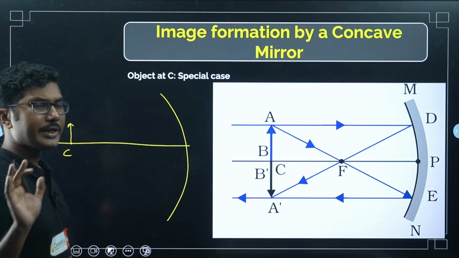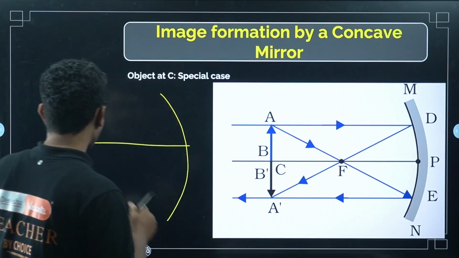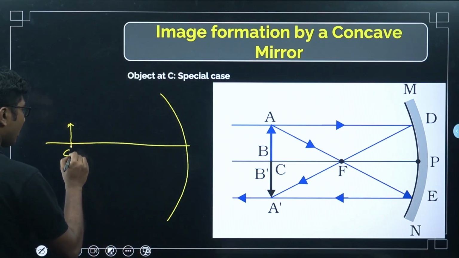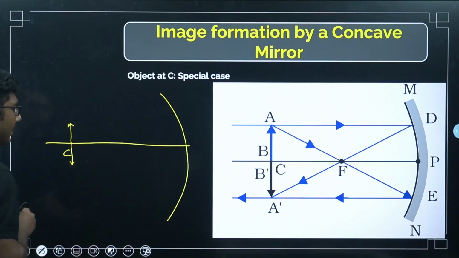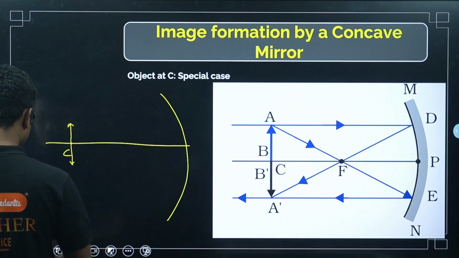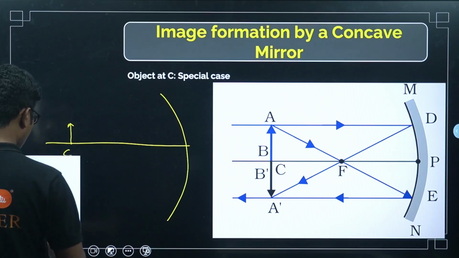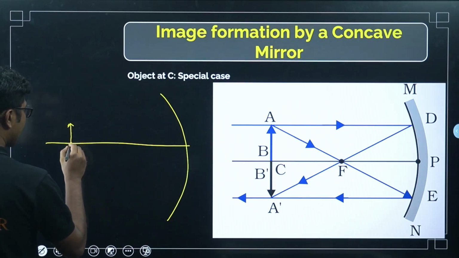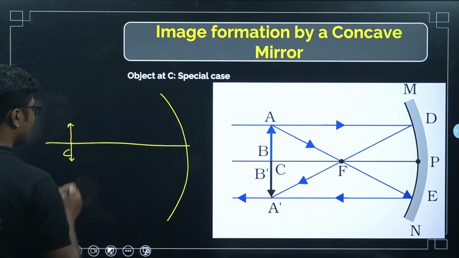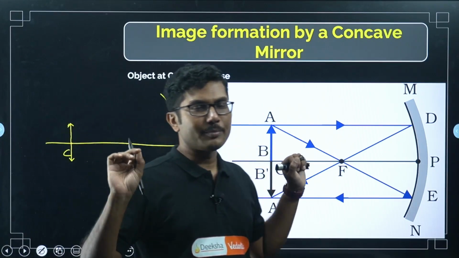You draw a 2 centimeter object upward, and at the same position you draw a 2 centimeter object downward as well. This is the trick that you have to do. Whatever you draw 2 centimeter up, the same size you have to draw below as well. That's it. Your diagram is 90% over.